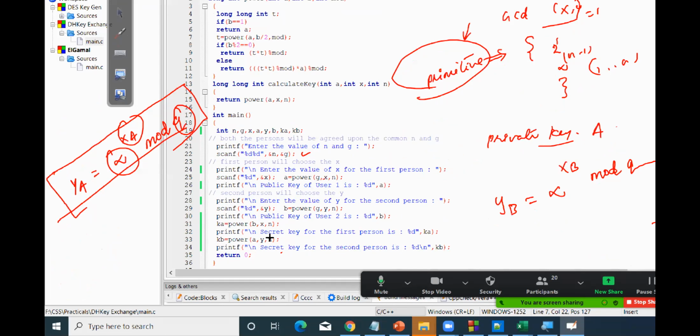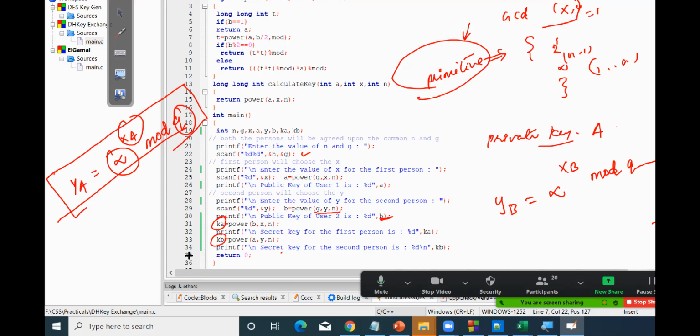Once the values g, y, n are substituted here, the b value will be calculated and displayed here. Till this part, the public key generation by both users is done, and next we need to calculate the secret key of A as well as the secret key of B.